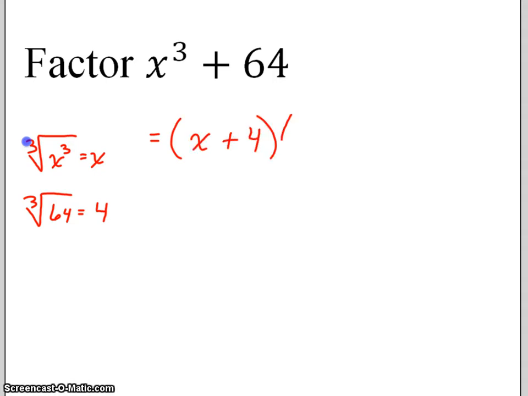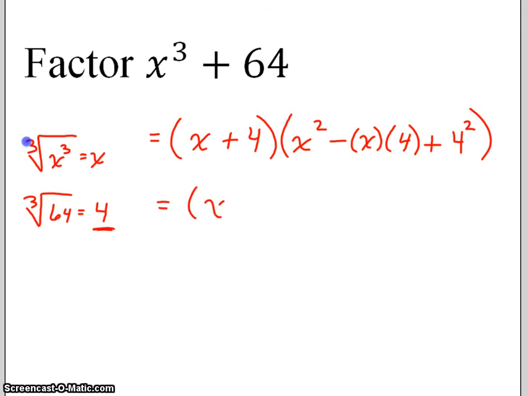Now, a new parentheses. So it's this x that we're using. So x and then squared. Now we need an opposite sign. X times 4. So that's like the x and the y in the pattern, right? And then always positive. That's the 4 that gets squared at the end there.